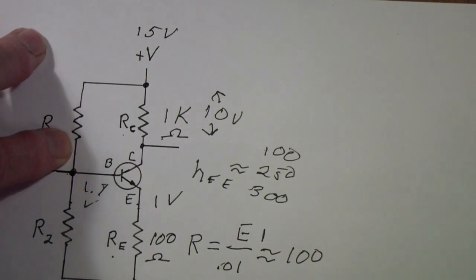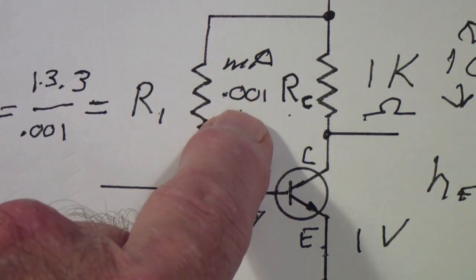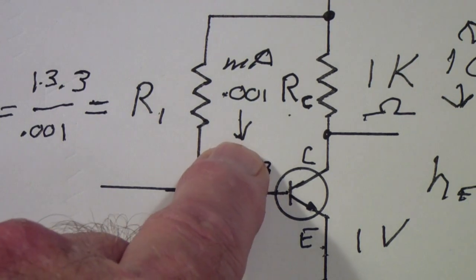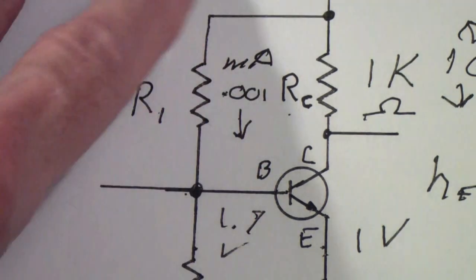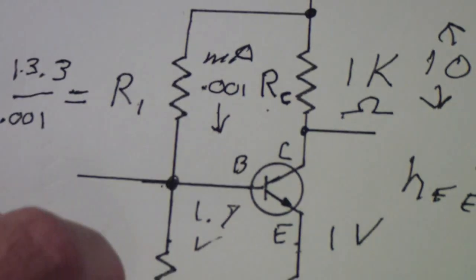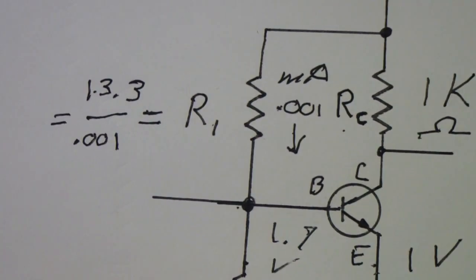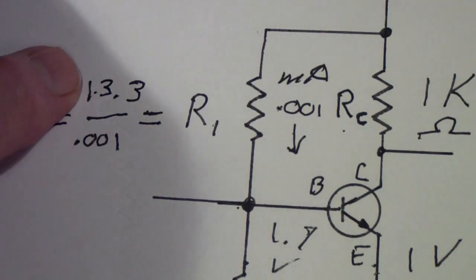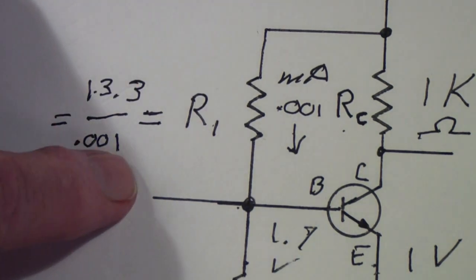So let's calculate that. I've drawn the current of 0.001 amps flowing down through this resistor, and since we have 15 volts at the top and we have 1.7 volts here, that means we have a total of 13.3 volts across the resistor with a current of 0.001.